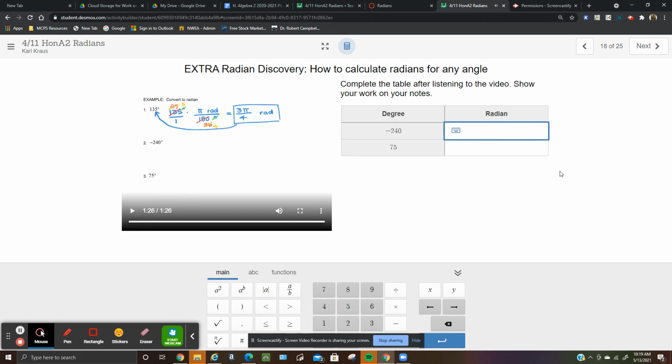So negative 240 would be negative 240 pi over 180, which both of those are divisible by 60. So 4 pi over 3, which should be negative, so put a negative here.